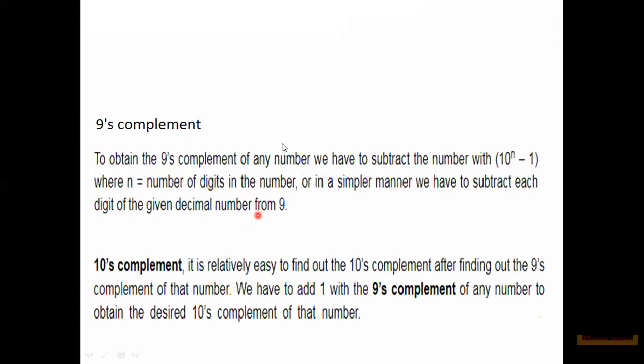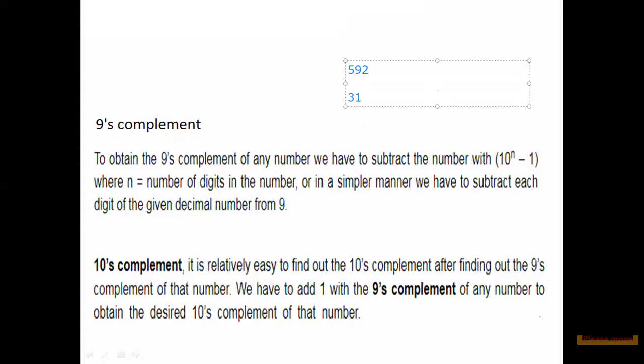Here we have to subtract each digit from 9. Suppose we take a decimal number, for example 592. How many digits are there? Here n equals 3, 3 digits. Suppose we take 31.